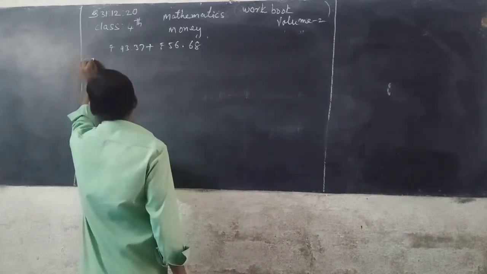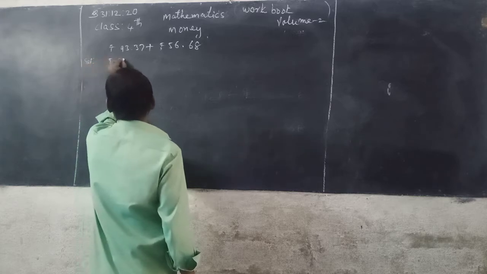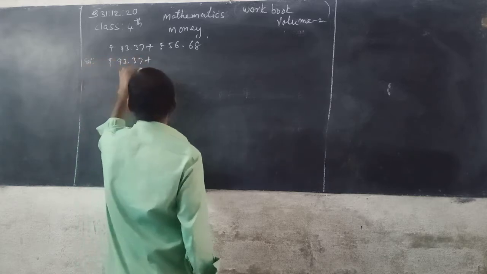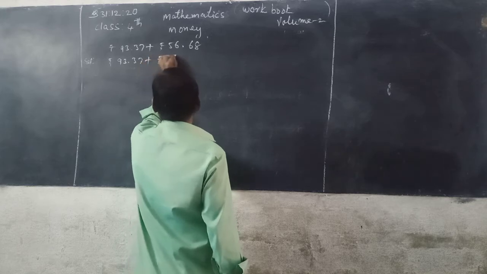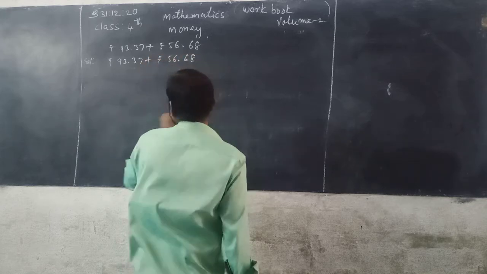Solution, once again write 93 rupees 37 paise plus 56 rupees 68 paise.